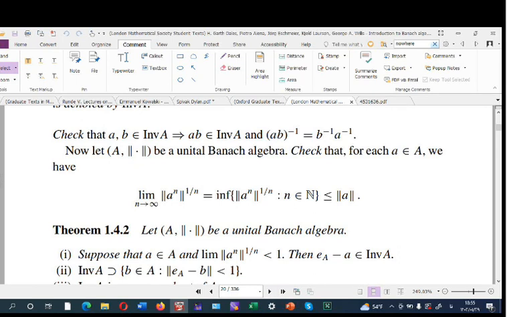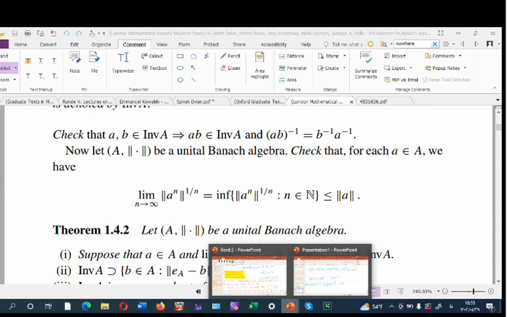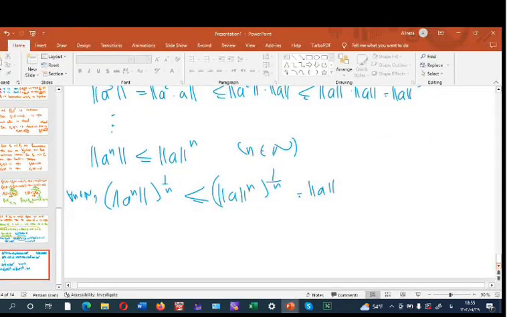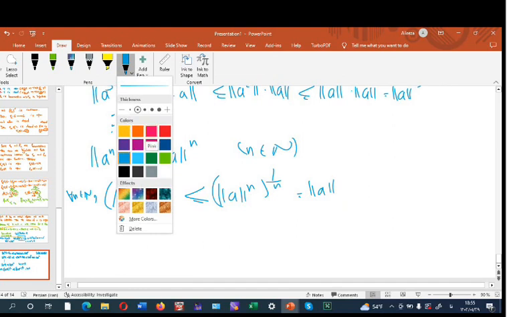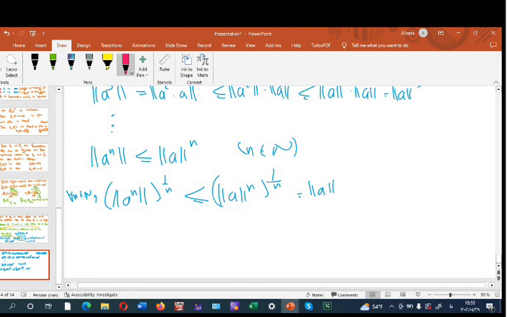But for these equalities, please note that we have these properties: the infimum of a set such as this equals an element alpha if and only if we have two properties.